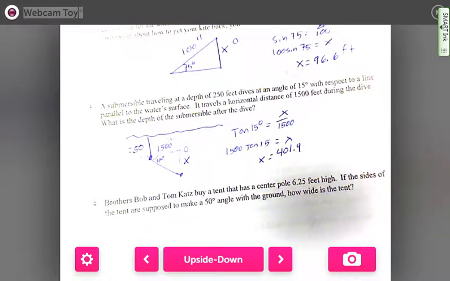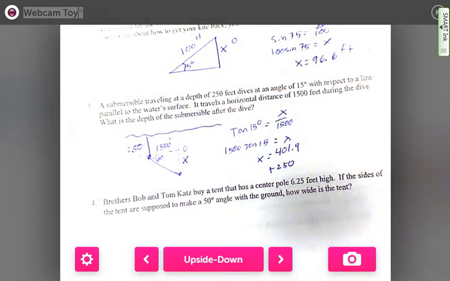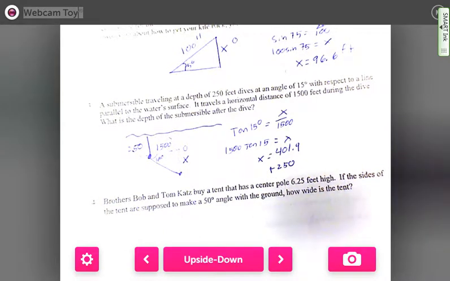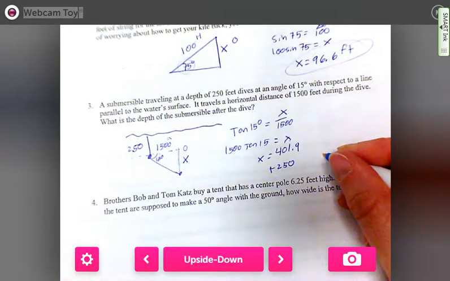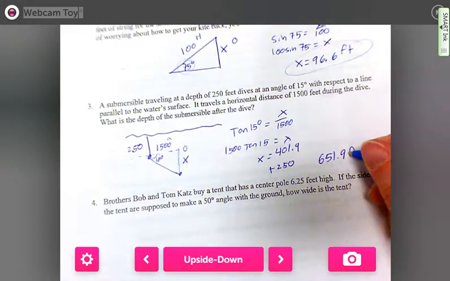When you hit 1,500 times tan of 15, did you get 401.9? Yeah? Okay, and now we have to add 250 to it. And I'm going to get 651.9 feet.